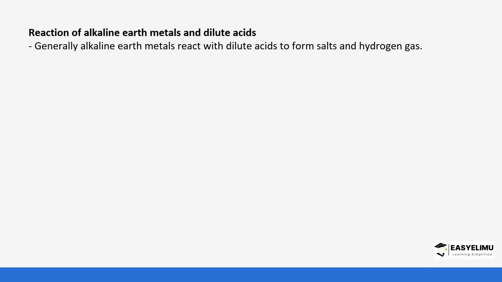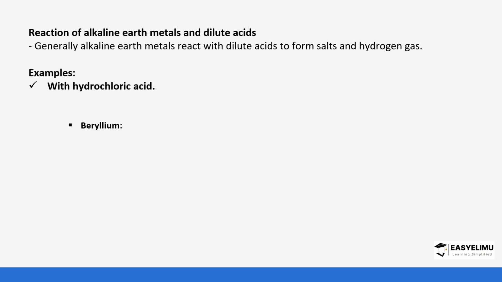Next, we look at the reaction of these metals with acids, specifically dilute acids, because for concentrated acids, the reactions are going to be very highly reactive and explosive. When these alkaline earth metals react with dilute acids, they usually form a salt and hydrogen gas.